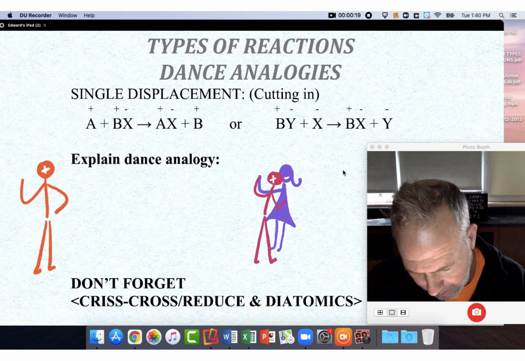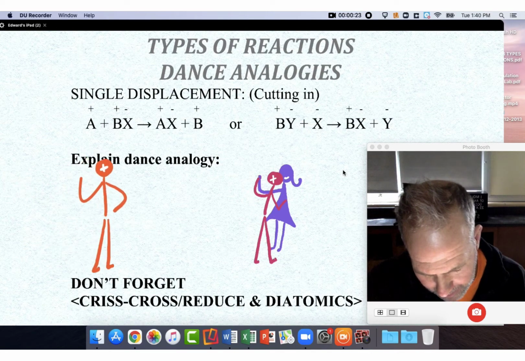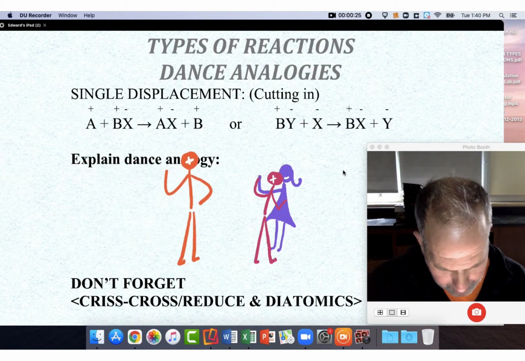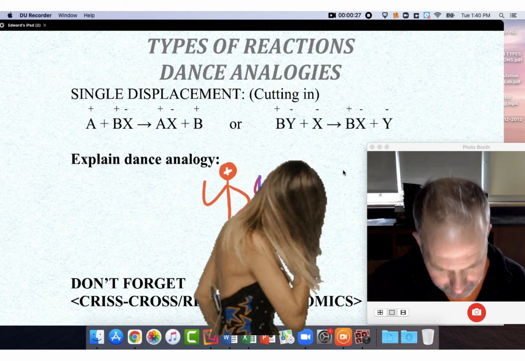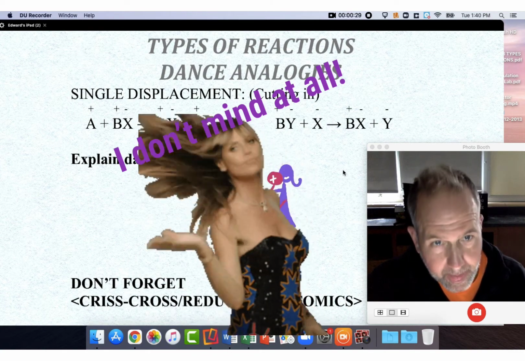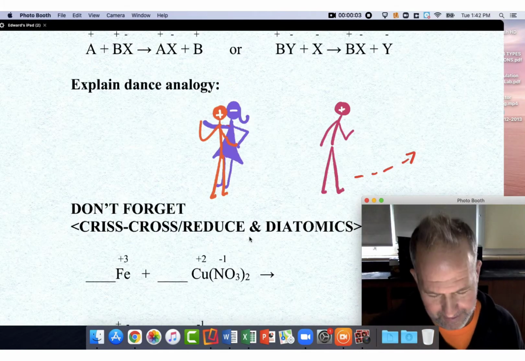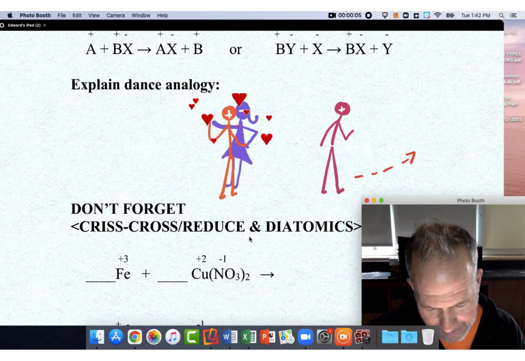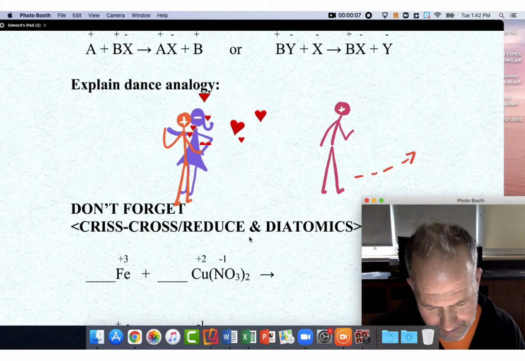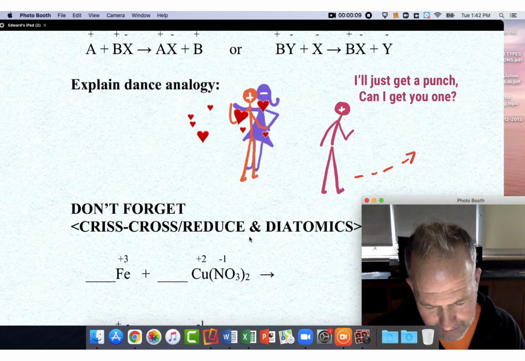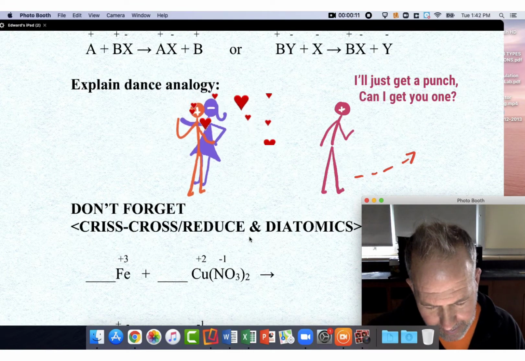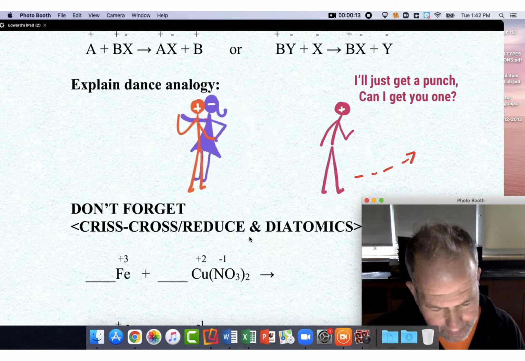And cut in means, for you who don't know, it means to come over here and say, hey, do you mind if I dance with her? She decides, hey, yeah, I think I would like to dance with him. And little Eddie is out of the loop and heading towards the door.